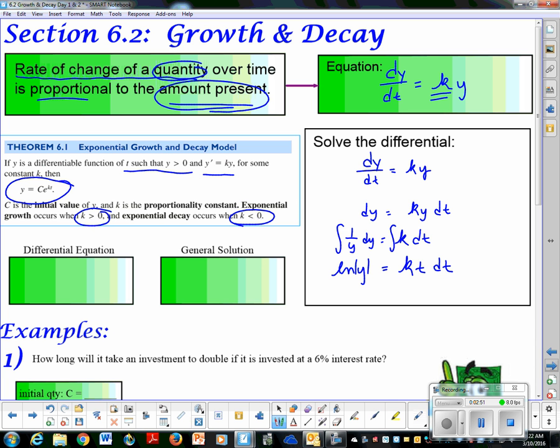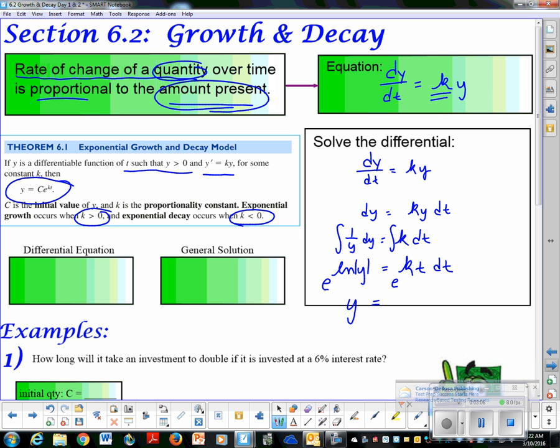I want to figure out just y, so I'm going to apply a base of e to each side. On the left side, I come out with y, and I can drop my absolute values because on the right side I have a positive quantity.